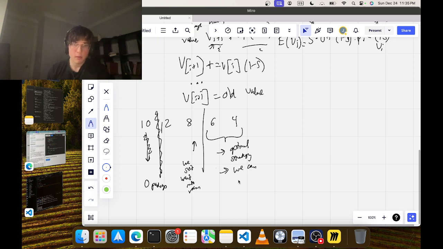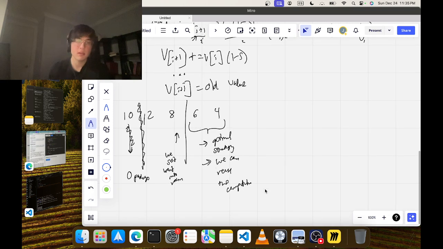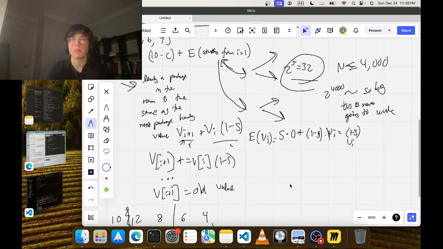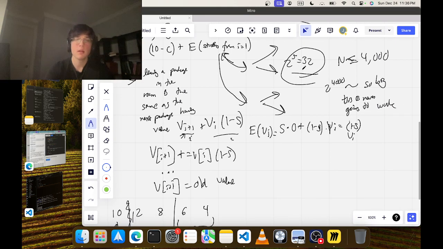We can reuse this computation regardless of what we did with the first 3 packages.